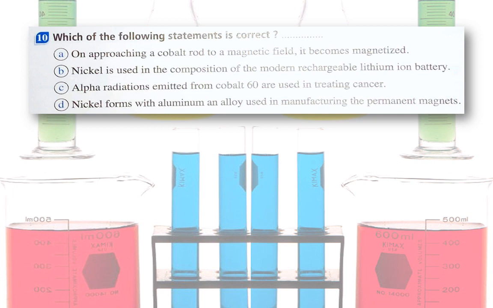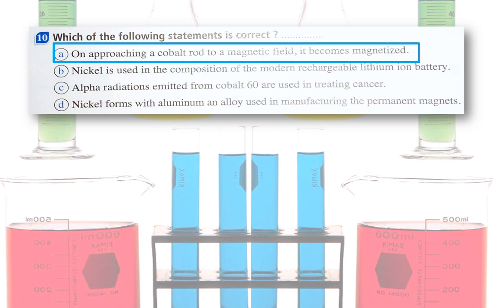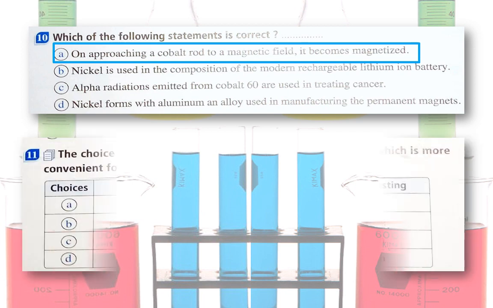Nickel forms with aluminium an alloy used in manufacturing permanent magnets. Okay, here the first one will be the right answer. On approaching a cobalt rod to a magnetic field, it becomes magnetized, as it gives the property of magnetic field.